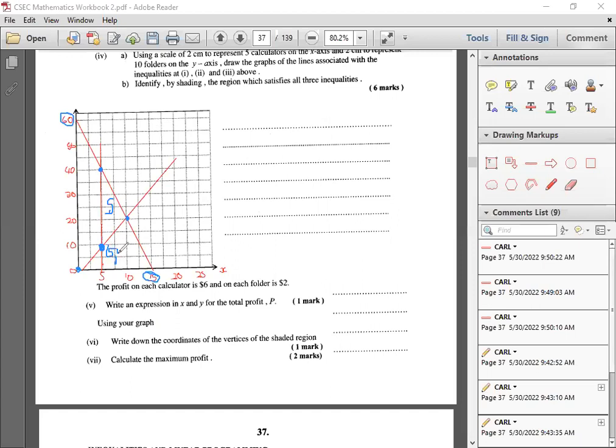Let's do it slowly so that everybody can understand. So this is (5, 10). This one is (10, 20). And this one is (5, 40). All right.